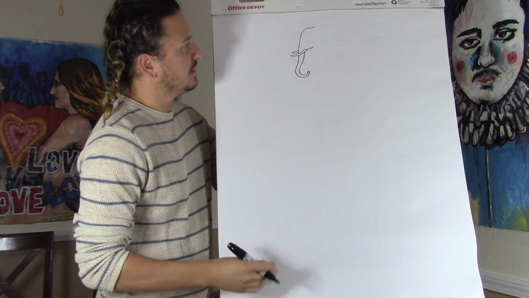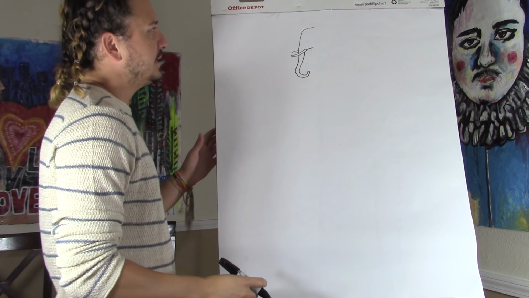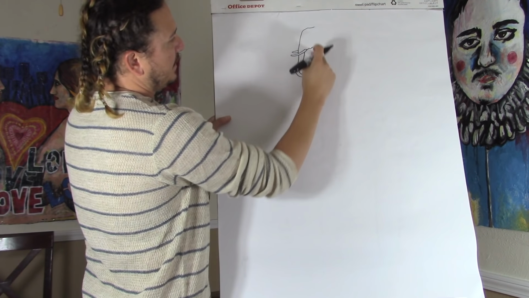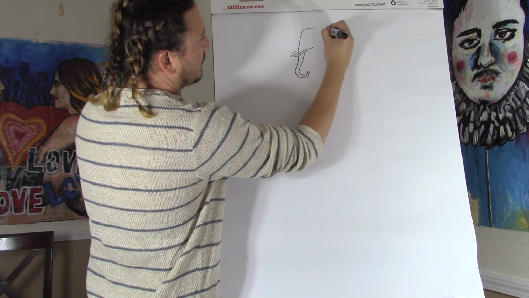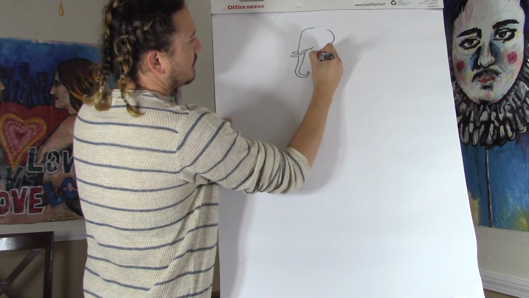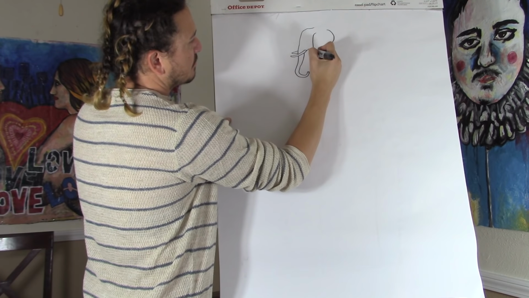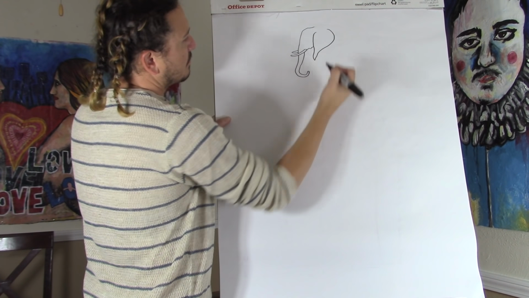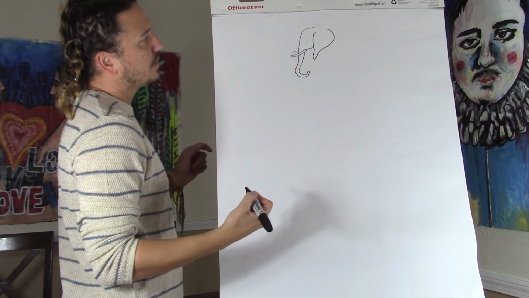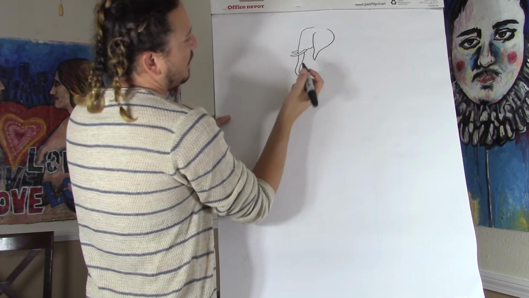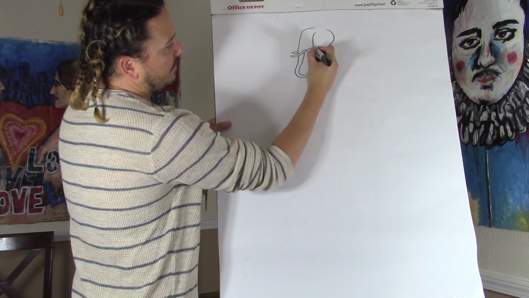So there's his trunk. Next thing will be his ear, which will be right here. They have really big ears. There's one ear. And then the other one, you'll be able to see part of it from the other side.